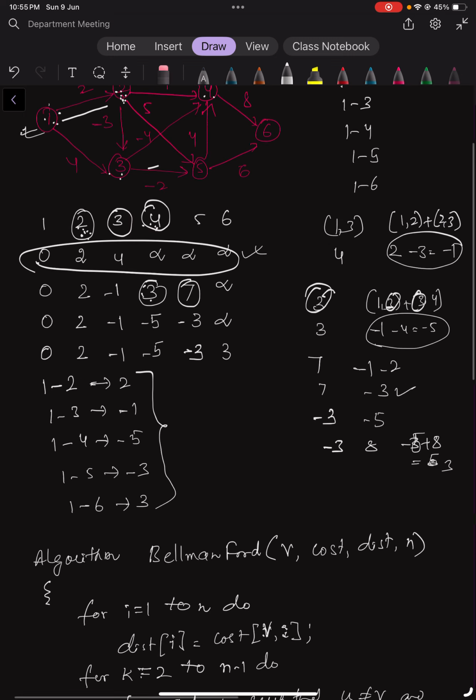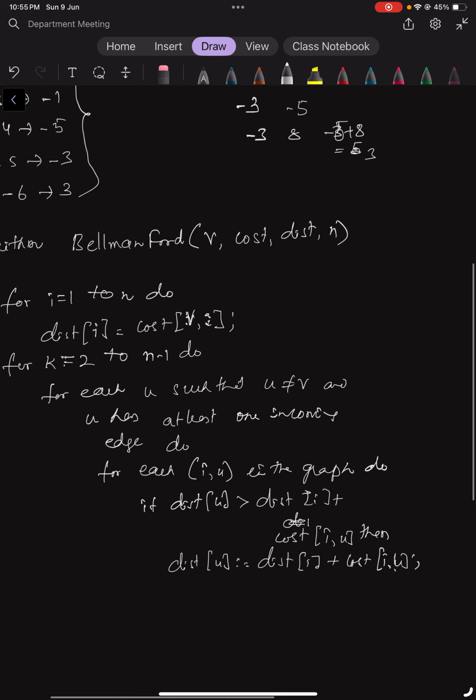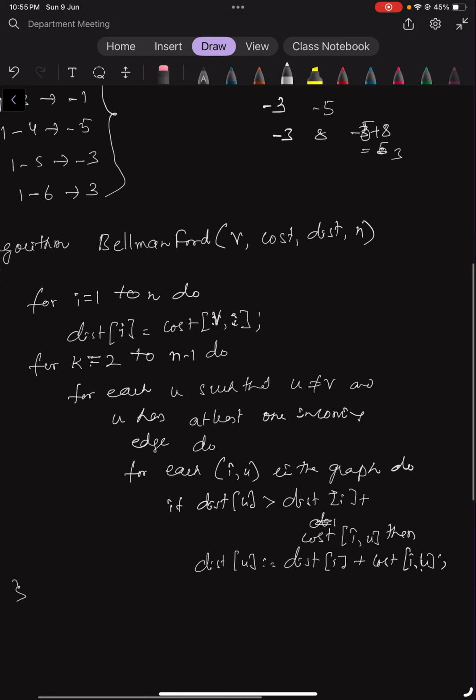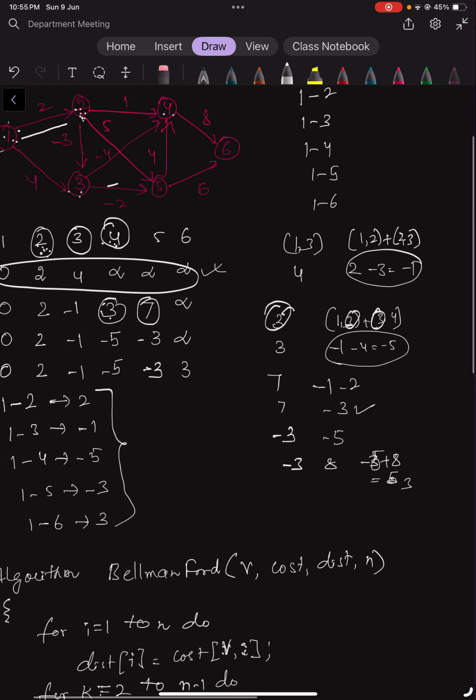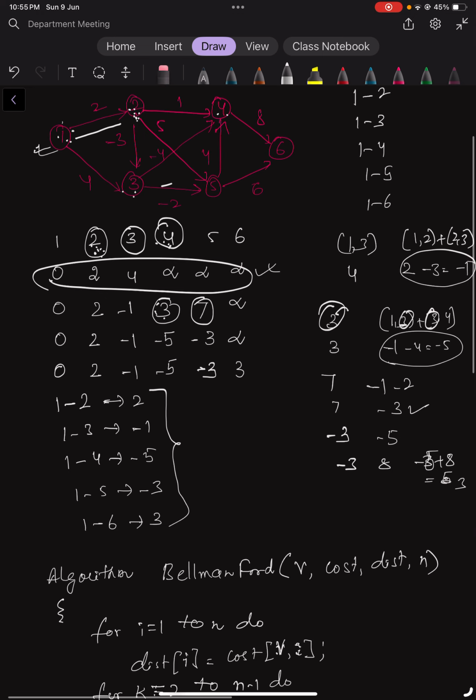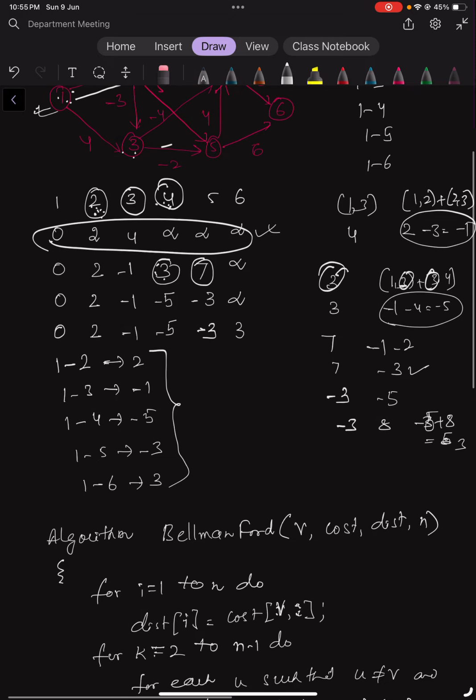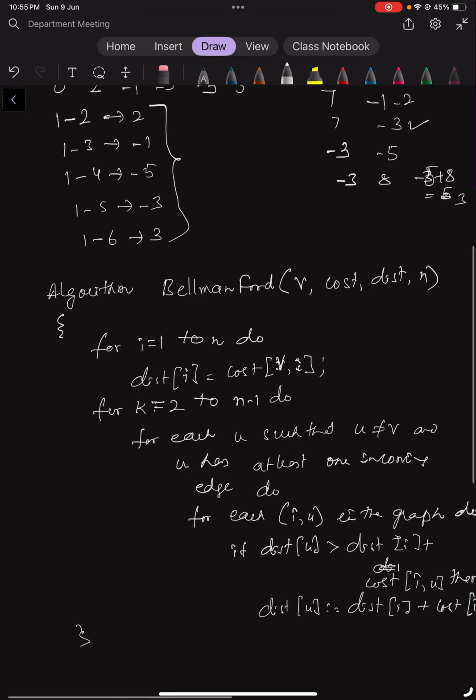Distance of 4, u is 4 now. Distance of 4 is greater than distance of I. So what is I here? I is 2, because we are considering this I and this is u. The distance of I is equal to 2.